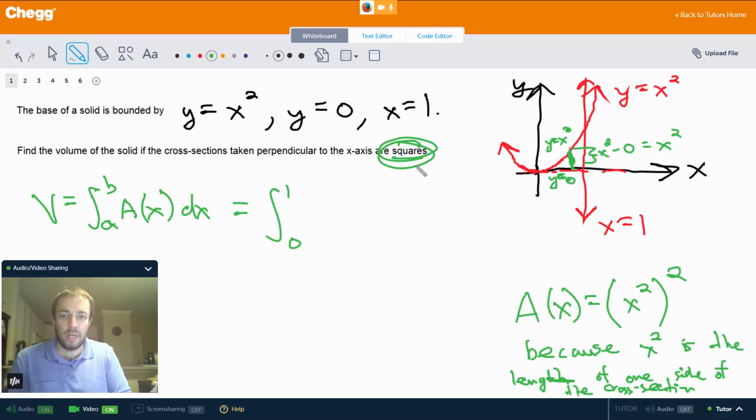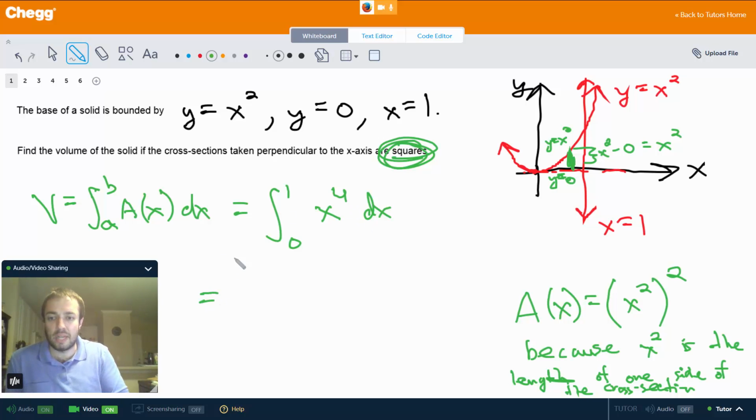So we just square the length of that side to get the cross-sectional area. Then A of x is just x to the fourth, because x squared squared is x to the fourth, dx. Again, the cross-sections are squares, and the length of the base is x squared. Therefore, x squared times x squared is x to the fourth, and that gives us our cross-sectional area.